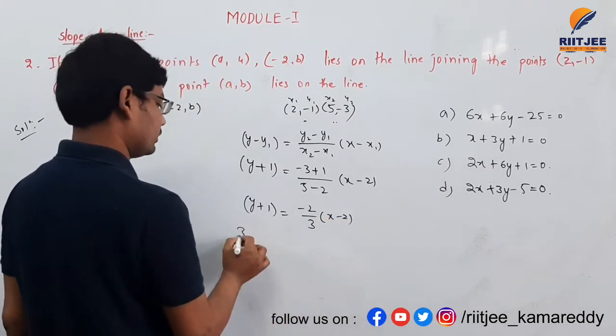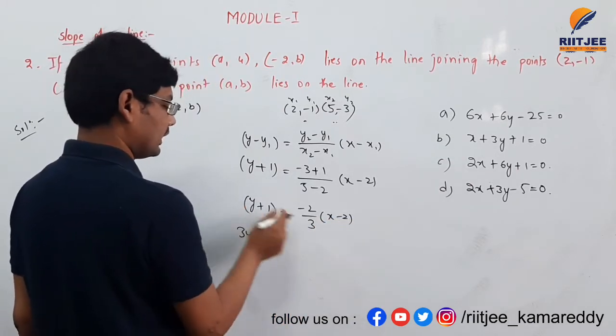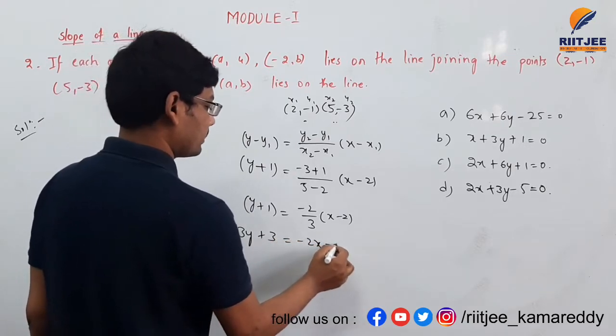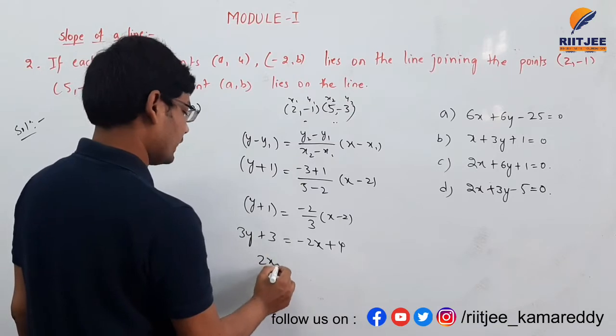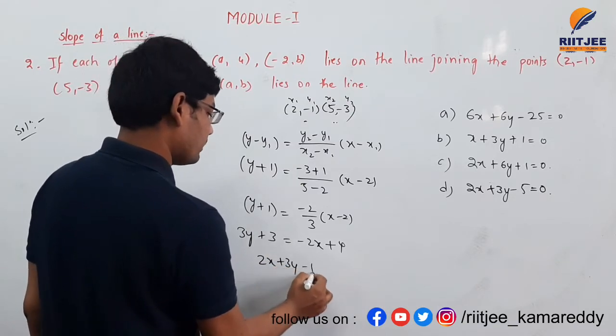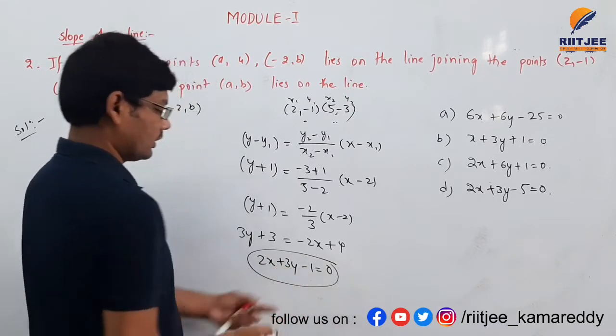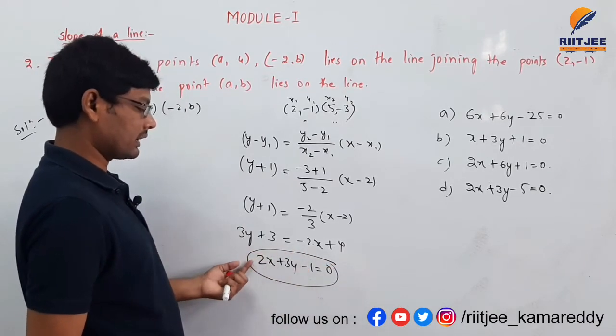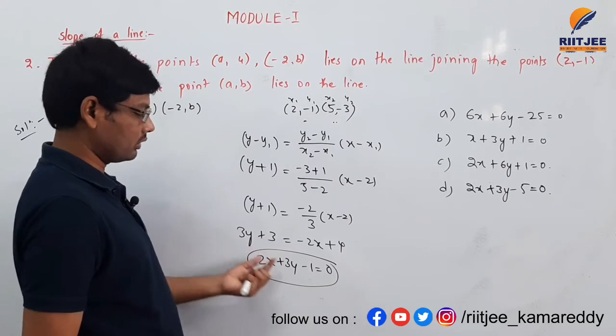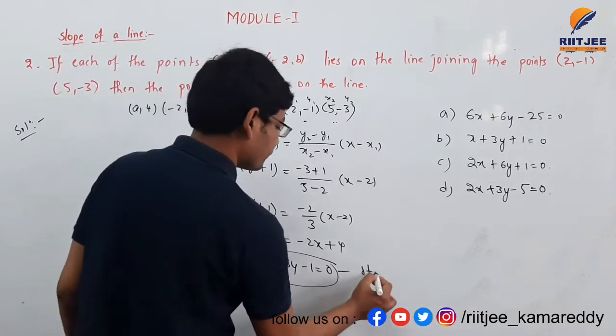Let's multiply 3 to this side: 3y + 3 = -2x + 4. Let's bring all the terms to this side: 2x + 3y - 1 = 0. If you bring 4 to this side, this becomes -1. 2x becomes positive, and 3y is already positive. This is a straight line equation.